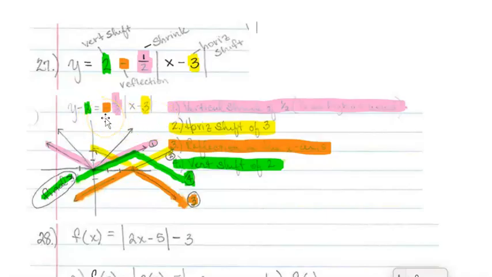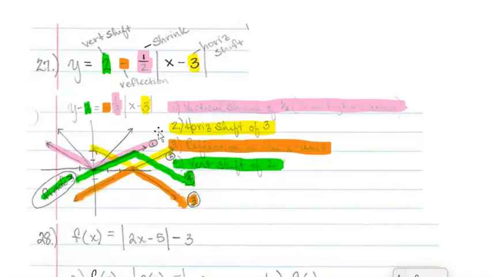So that 1/2 out in front of the function is going to be my vertical shrink. So it's going to make it go half as high as usual. If that was a 2, it'd go twice as high as usual. If it was a 3, it'd go 3 times as high as usual. So I'm going to take my original function, which is right here, and then I'm going to shrink it so it only goes half as high as it normally would. Okay, so there's my first step. I numbered that number 1 right there.